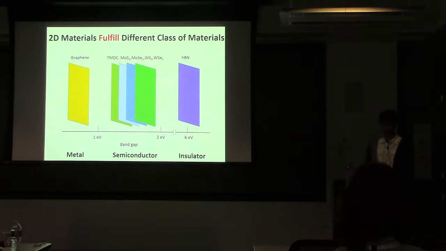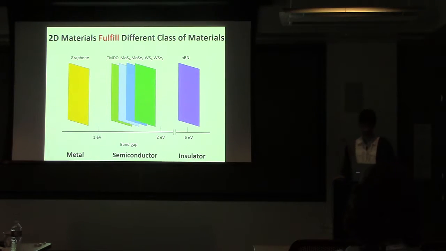Among all of these layered materials, the most popular of them are graphene, hexagonal boron nitride, and molybdenum sulfide. And they fulfill all different classes of materials: graphene as a semi-metal, transition metal dichalcogenides as semiconductors, covering 1 eV to 2 electron volt, and an insulator such as hBN. They have exceptional properties.